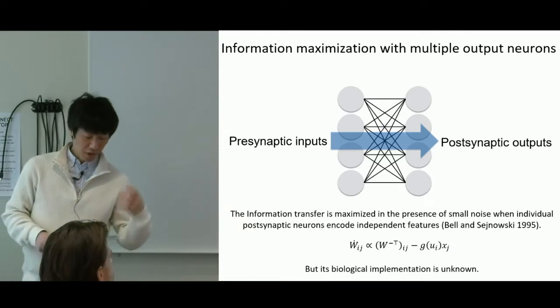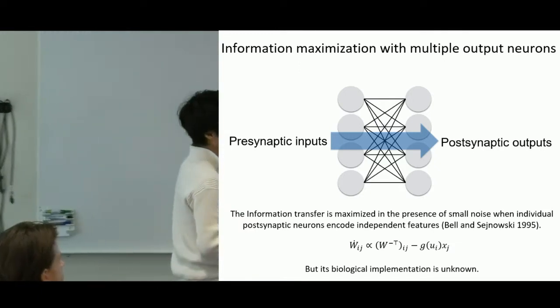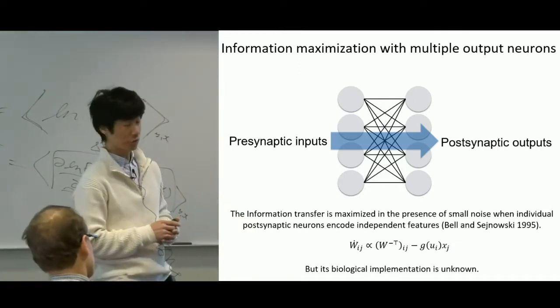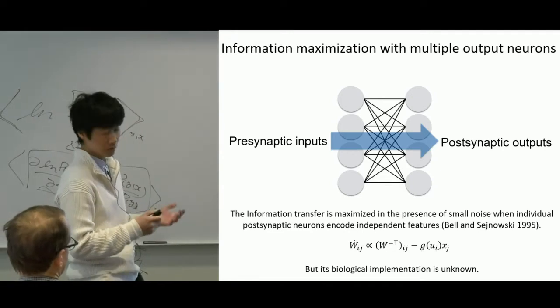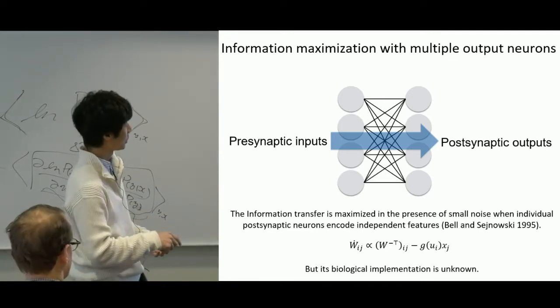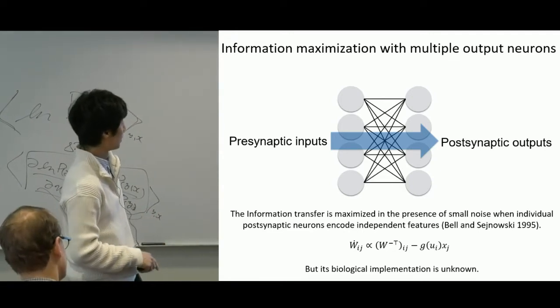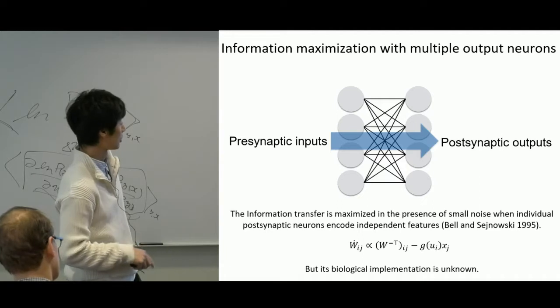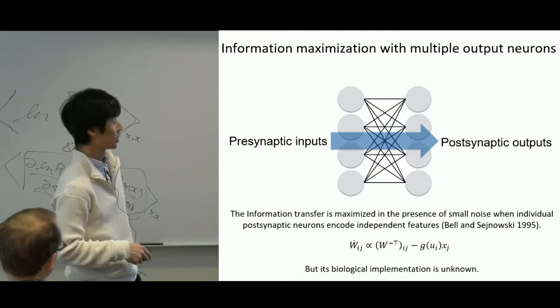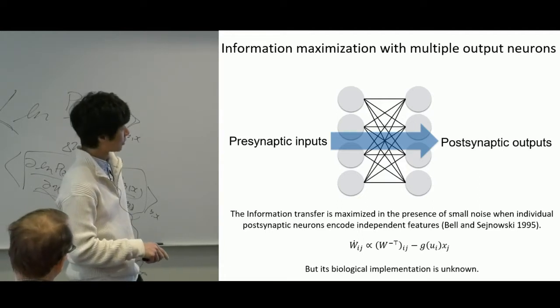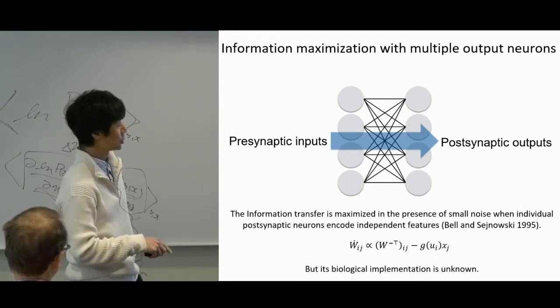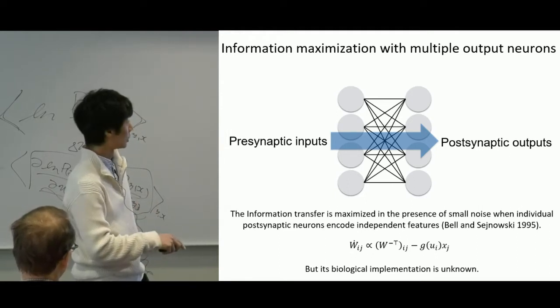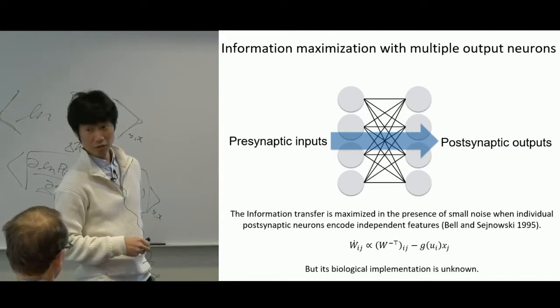Luckily, we know the mathematical expression of the solution and the learning rule. In this case as well, the information transfer is maximized in the presence of small noise when these individual postsynaptic neurons encode independent features. And Bell and Sejnowski derived a learning rule to achieve that independent representation.